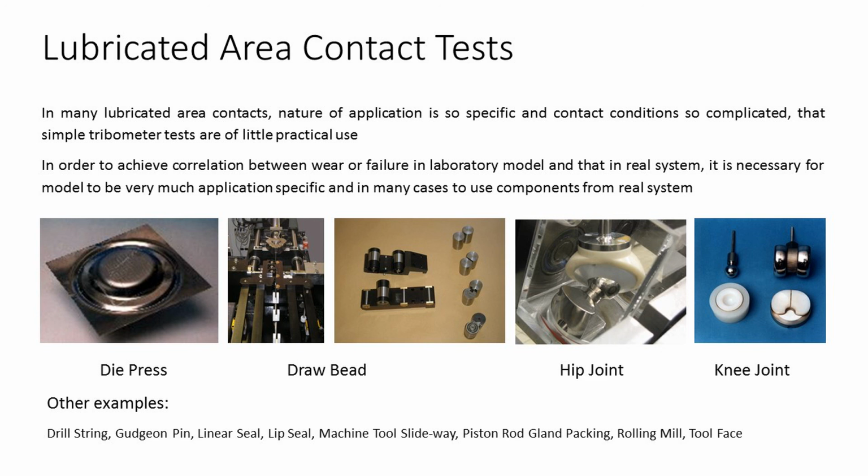The examples shown here are perhaps all too specific to be included in a general talk on lubricated wear testing and perhaps need to be covered elsewhere as topics in their own right.